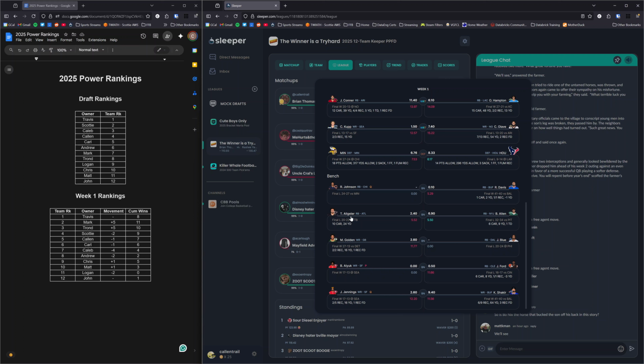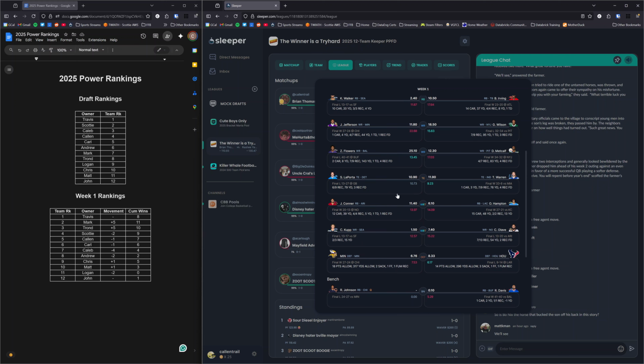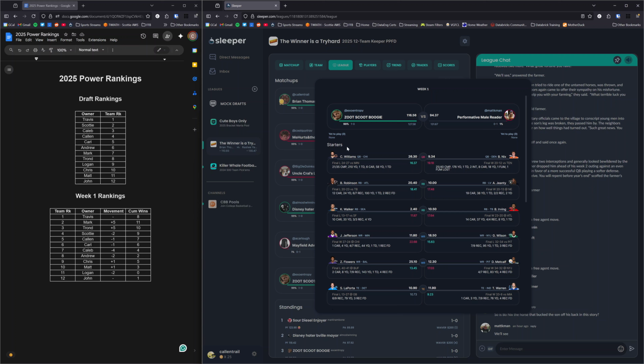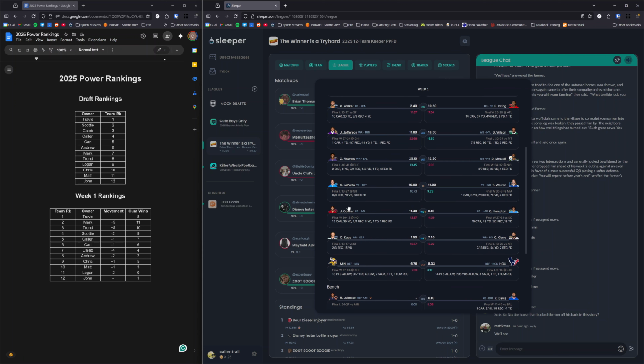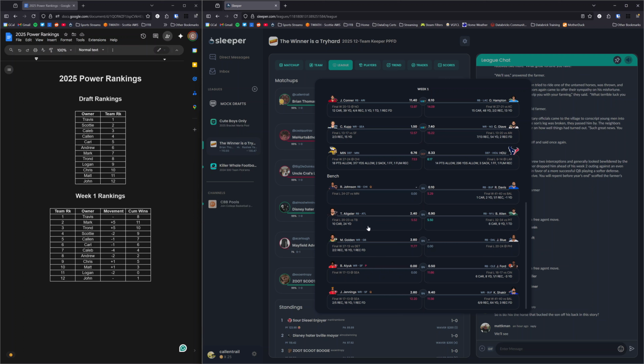He's got a couple backup running backs, and two banged up wide receivers who now have a banged up quarterback in Brock Purdy. For the most part, this is still a great team. I don't think Scotty has anything to worry about right now. But between Ken Walker and this flex spot and not a lot of options on the bench, there probably is some waiver wire work to be done here for Scotty.